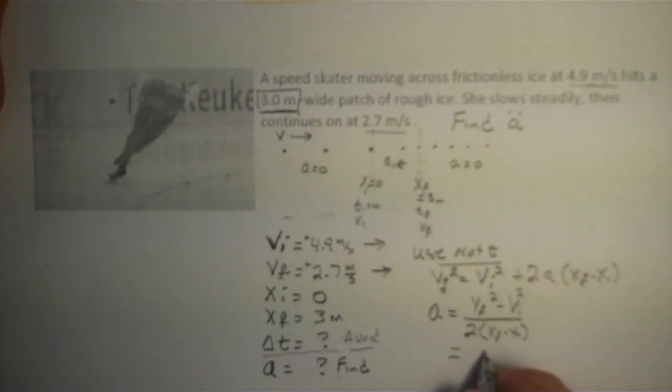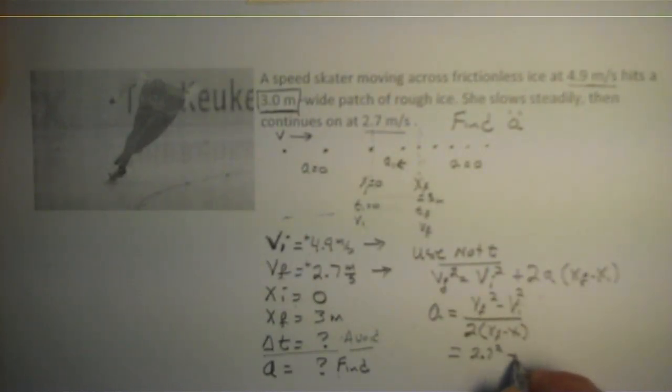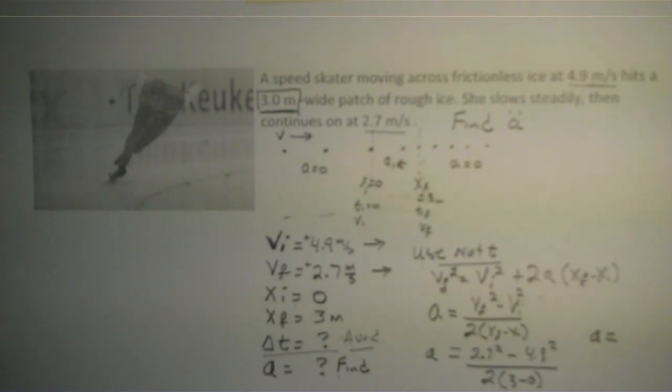Now that is 2.7 squared minus 4.9 squared, divided by 2 times 3 minus 0. Those are all my numbers, and now I can just plug them in and find my answer. Grab a calculator.